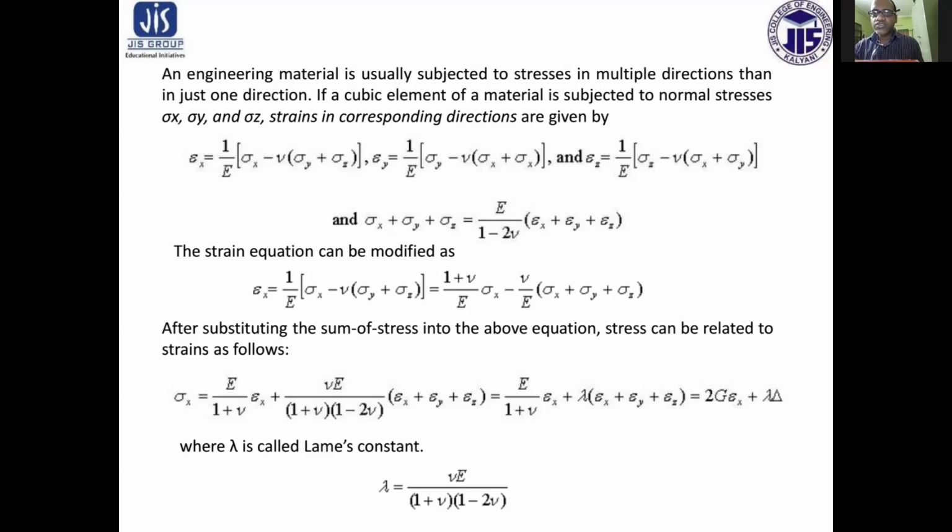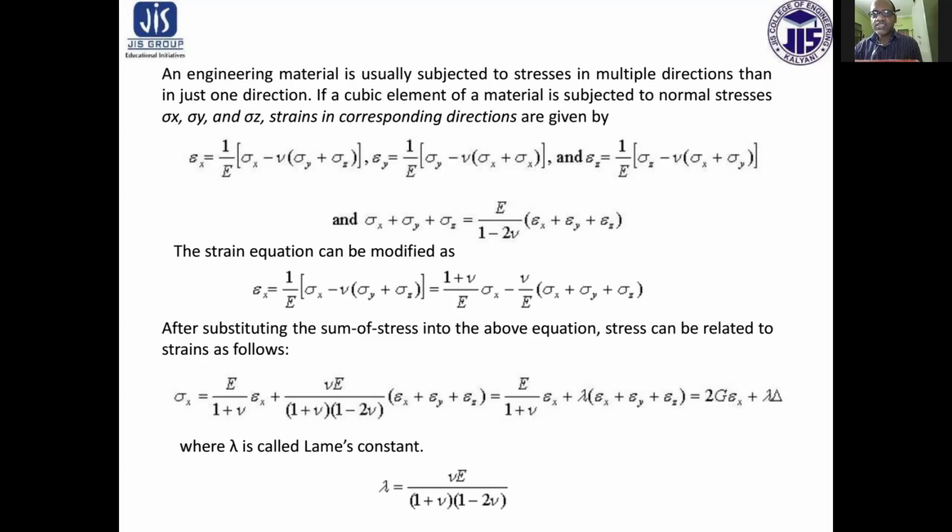The strain equation can be modified, that is Ex equals 1 by E into sigma x minus nu into (sigma y plus sigma z), equal to (1 plus nu) by E into sigma x minus nu by E multiplied into (sigma x plus sigma y plus sigma z). After substituting the sum of stress into the above equation, the stress can be related to strain as follows.